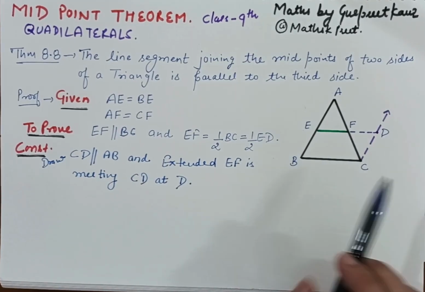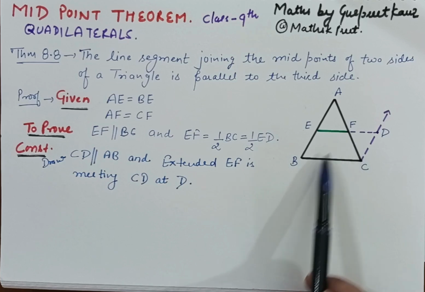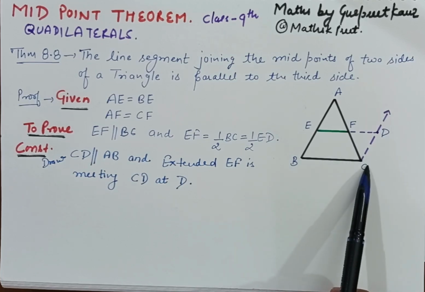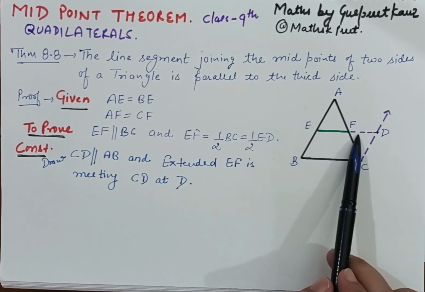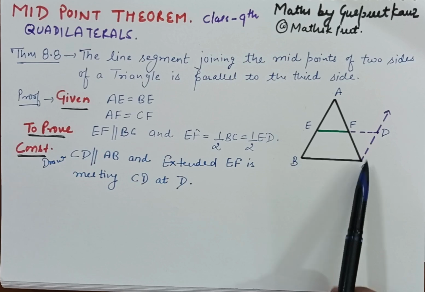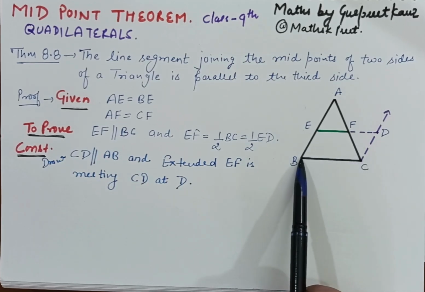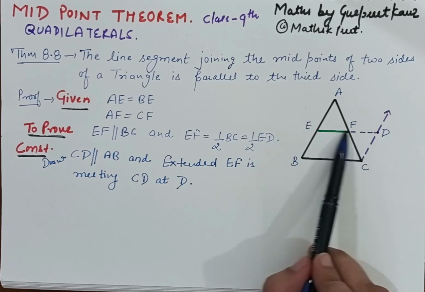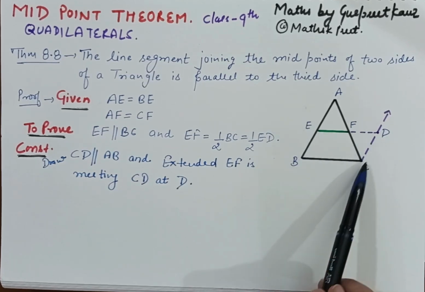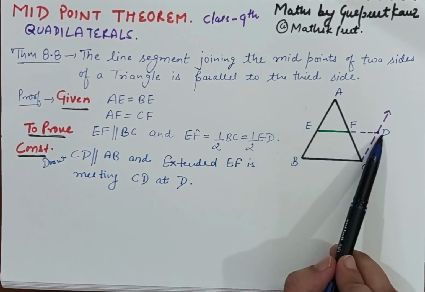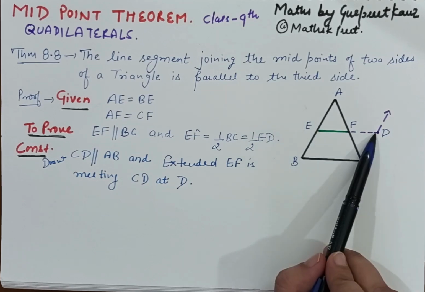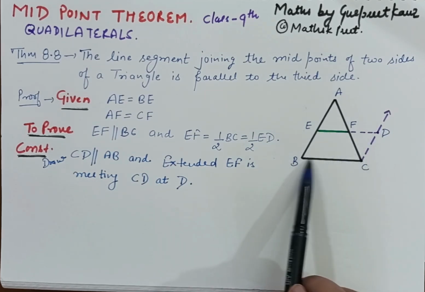So let's see how to prove that EF is parallel to BC. To show that EF is parallel to BC, let me tell you verbally what we will do. We will just show that this is forming a parallelogram EDCB. First we will show this is forming a parallelogram, then obviously we will have ED parallel to BC.